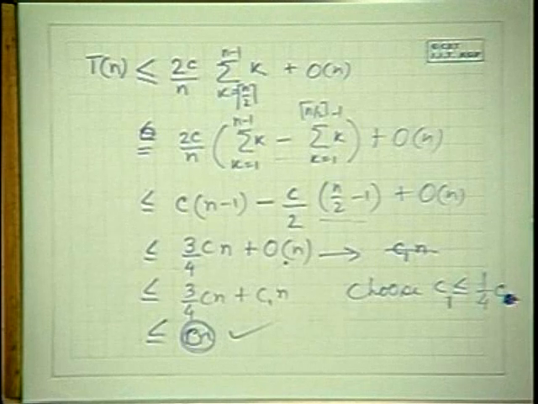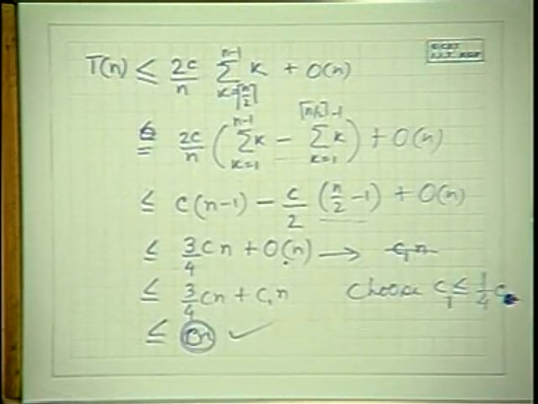Let me go back. See, yes, there was a 2 times. That's the problem. Sigma q equal to 1 to n minus 1 of Tq plus Tn minus q. There are 2 terms. Here there is only 1 term.